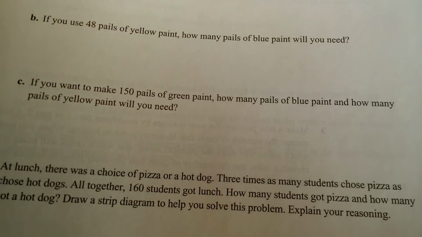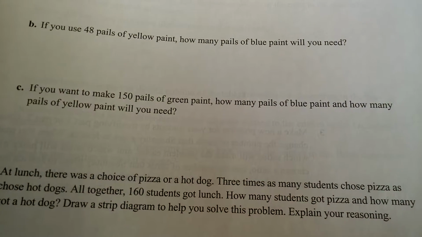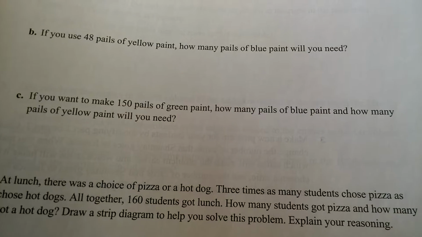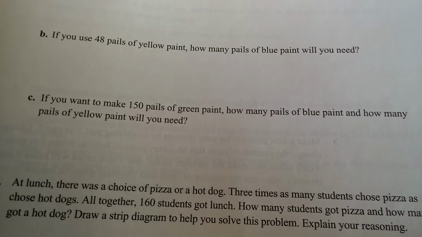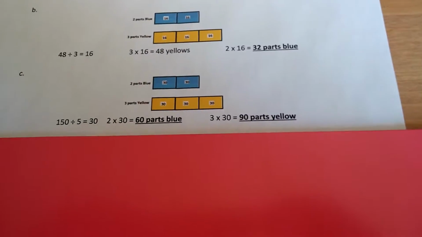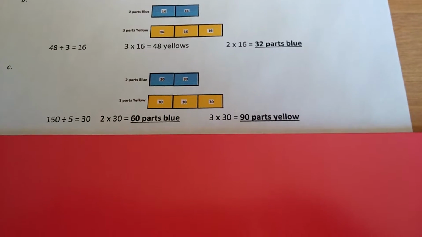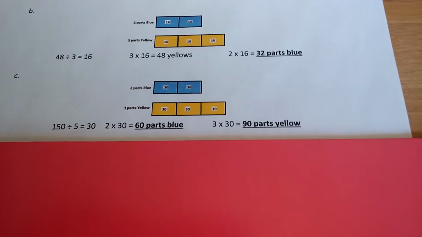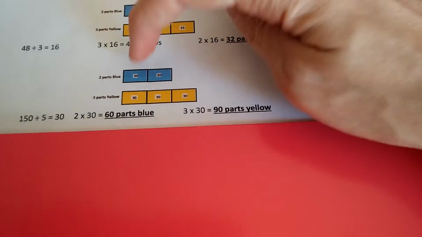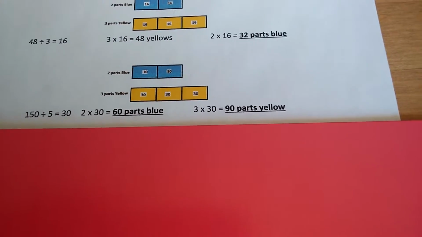For letter C, it reads, if you want to make 150 pails of green paint, how many pails of blue paint and how many pails of yellow paint will you need? I worked that out, and how you do that is we know there's a total of 150, and we divide it by 5 because there are 5 total boxes, 1, 2, 3, 4, 5, and that gives us 30.